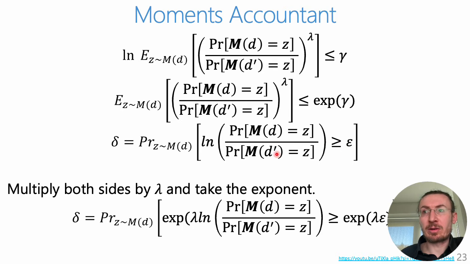So this is actually failure of the guarantees. And then here we want to multiply both sides of this last expression by lambda and take the exponent. So this is what we get after this transformation.